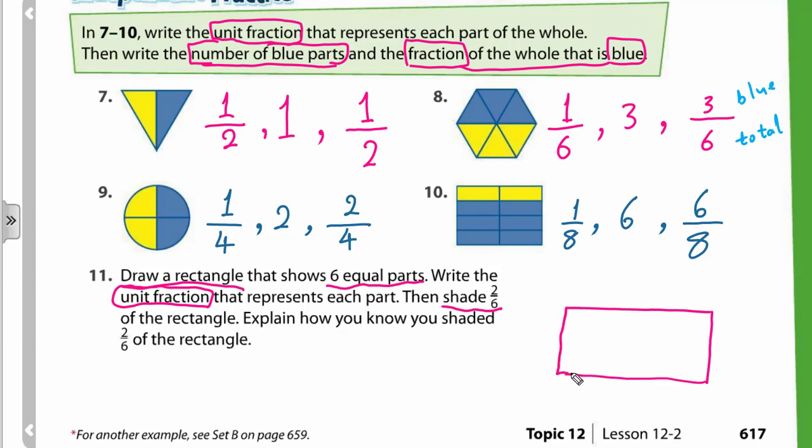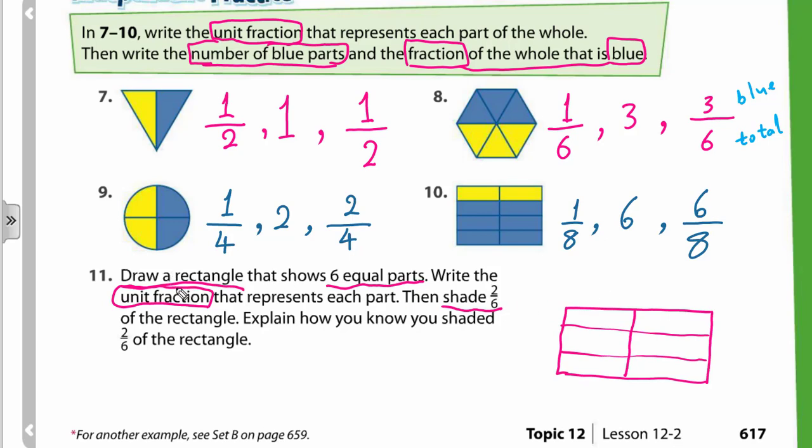To divide it into 6, I will divide it first into 3 like this. Then, to make it 6, what should we do? Divide it from the middle. Great, we will divide it from the middle here. So now these are 6 equal parts, right?